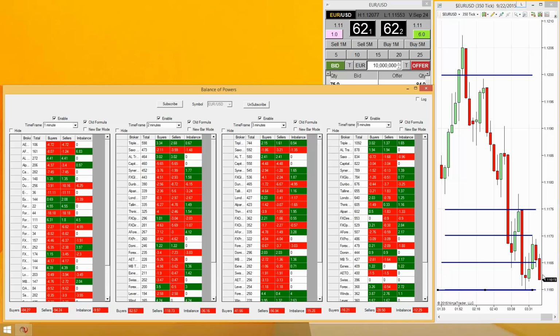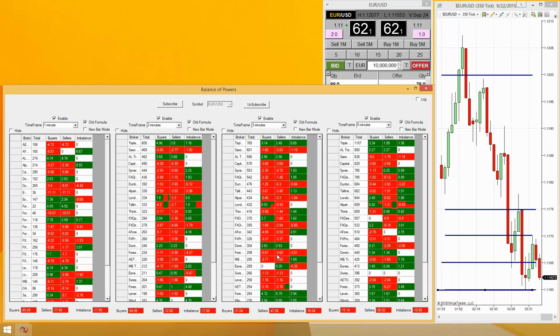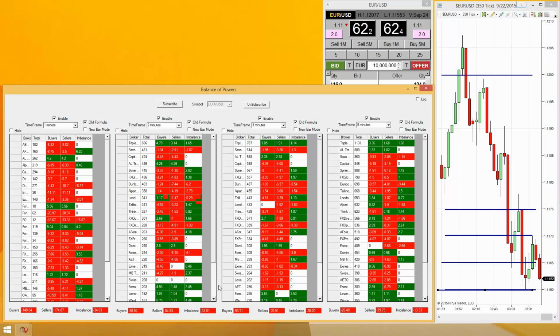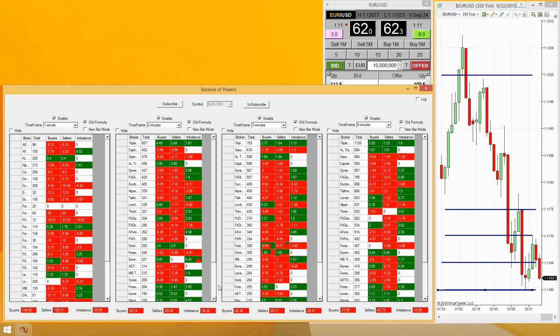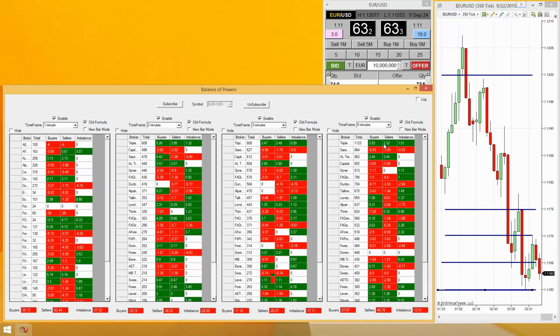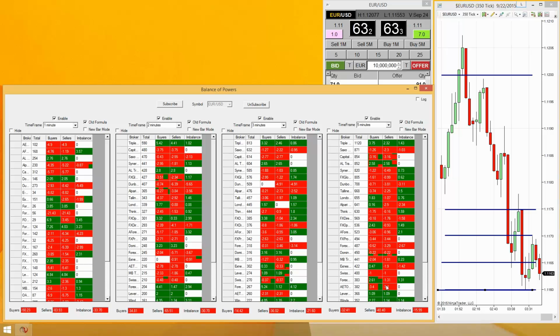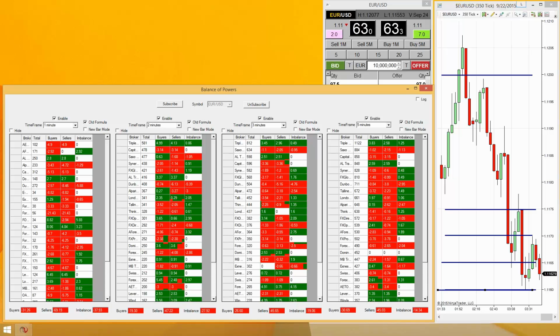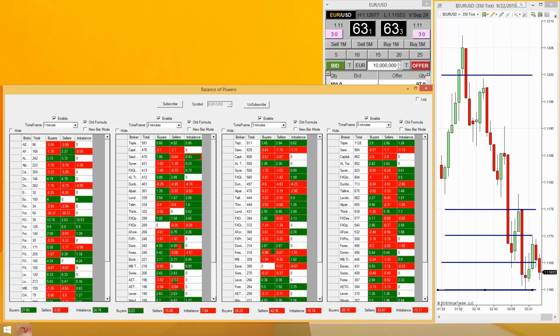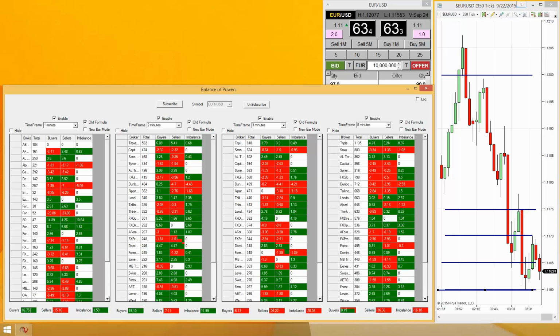You see the price is coming down. Most of these are almost red, but it's not complete. So we may see the price turn back and go the other way. Once you see all green, that means buyers. If they go red, that means buyers losing control.